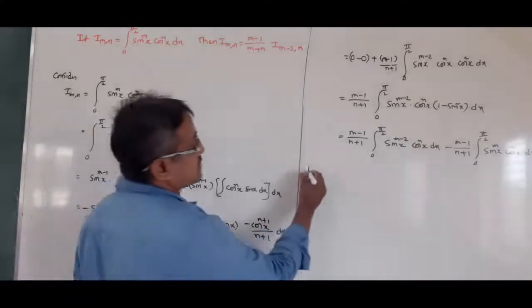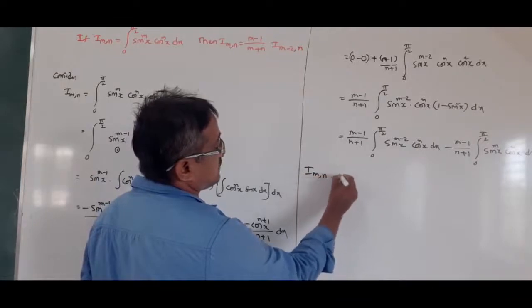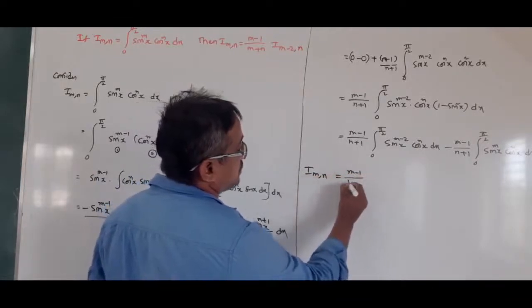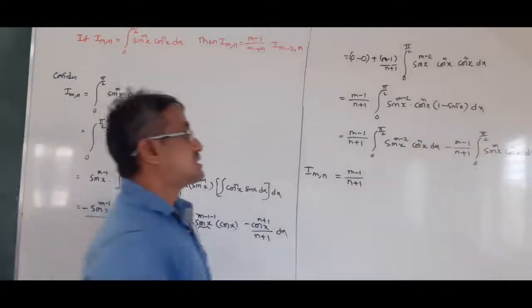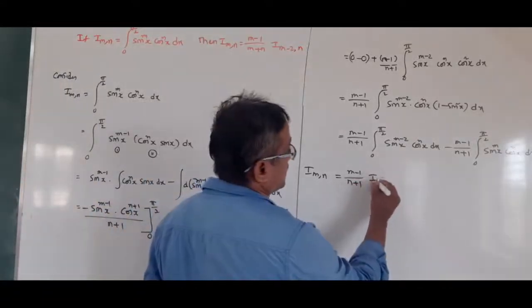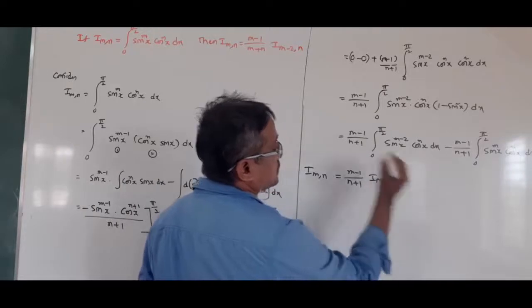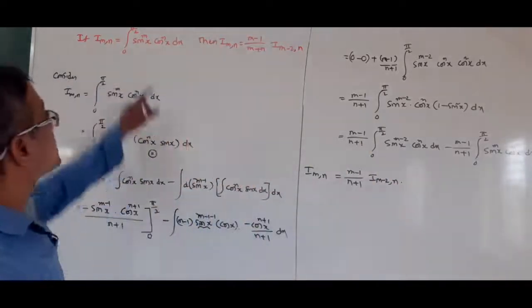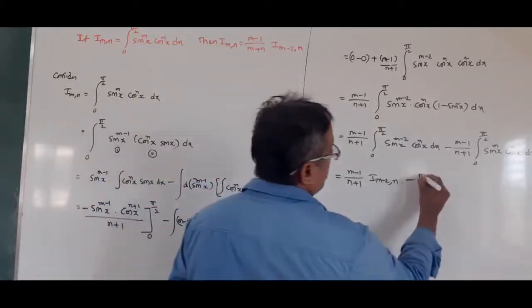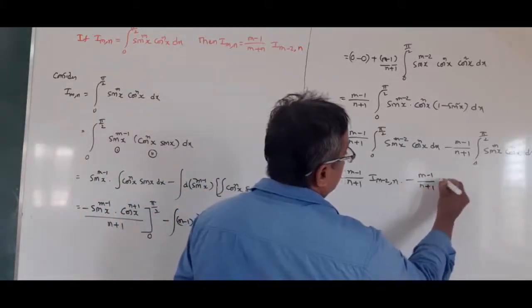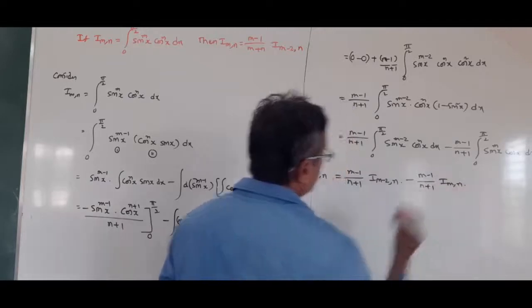Now this can be written as I m comma n is equal to m minus 1 by n plus 1. This definite integral can be written as I m minus 2 comma n, now in place of m you have m minus 2, minus m minus 1 by n plus 1 I m comma n.